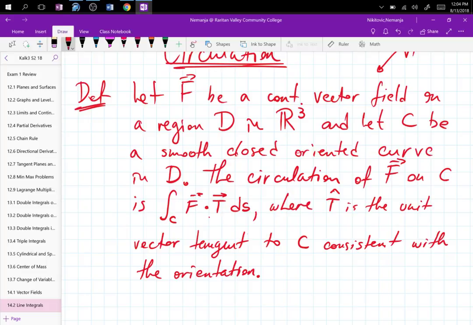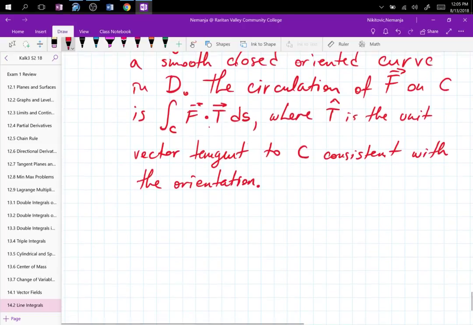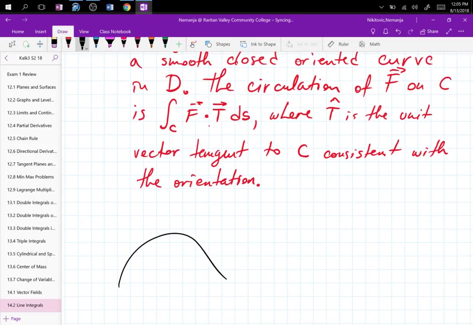Then we go here, and we see that the circulation is a measurement of how much something rotates, circulates, how much it moves in the direction of the tangent. You are familiar with the tangent line from your Calculus 1 class: you have a function and a point and you can calculate the tangent line, which is 90 degrees to the normal.